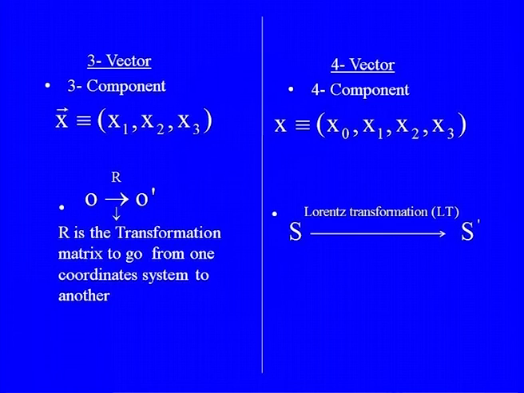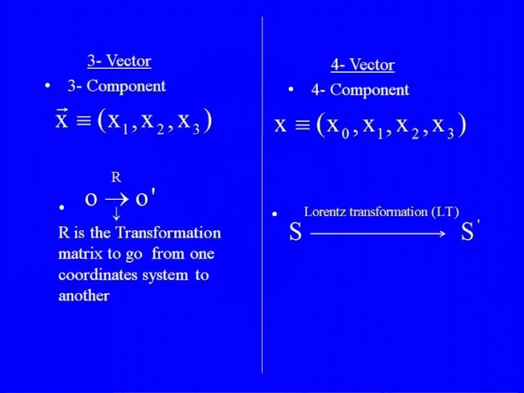Well, it is because you are changing your coordinate system, and the change of coordinate system is due to this transformation. You need this transformation matrix R to go from one coordinate system to another.